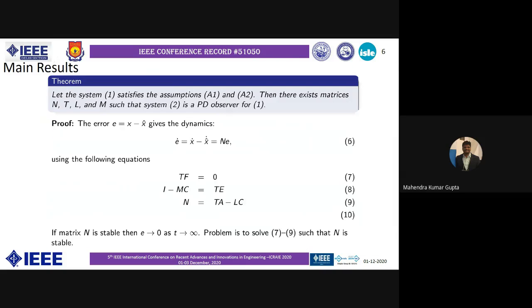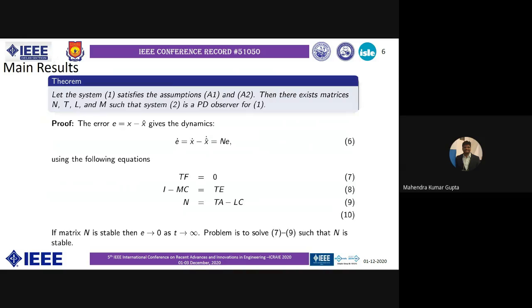Now this is our main result of the paper. It says that if system 1 satisfies the assumptions A1 and A2, then there exist matrices N, T, L and M such that system 2 becomes a PD observer for system 1. So in this proof, we also give our algorithm to design these matrices so that 2 becomes an observer.